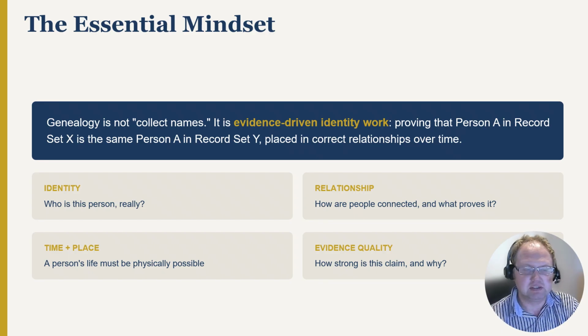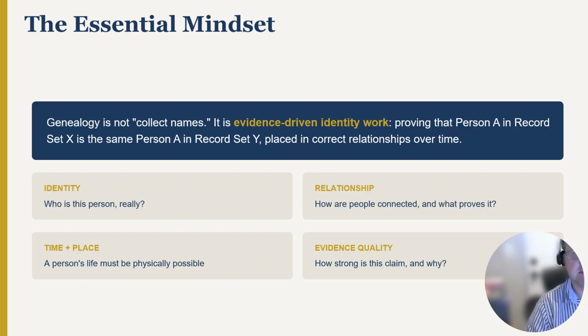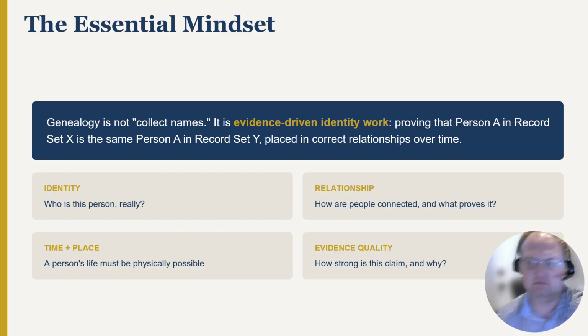Time and place. A person's life must be physically possible. If your subject was supposedly born in Virginia in 1820 and married in Ohio in 1825 with the records listing that they were age 35, something's wrong. Geography and chronology are your reality checks. Evidence quality.